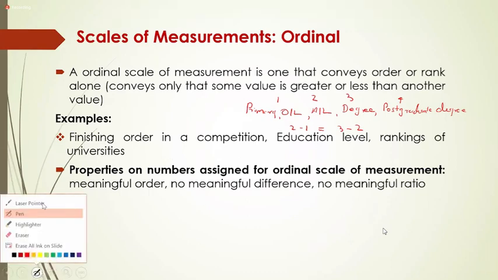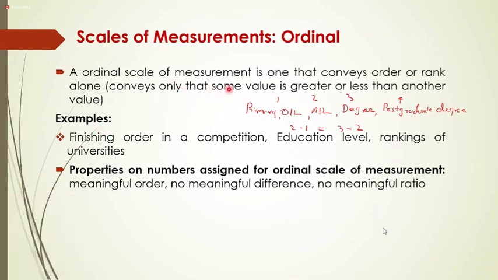So now, an ordinal scale of measurement is one that conveys order or rank. Only that is meaningful. The others, difference and ratio, are not meaningful. Then that scale of measurement is ordinal. So properties on the numbers assigned for ordinal scale of measurement: meaningful order, no meaningful difference, no meaningful ratio.